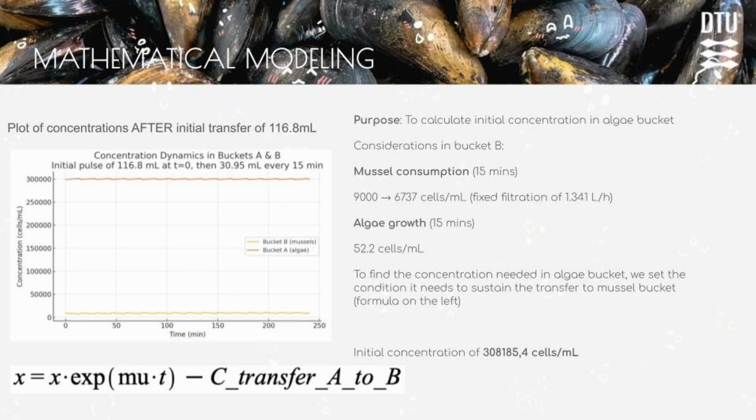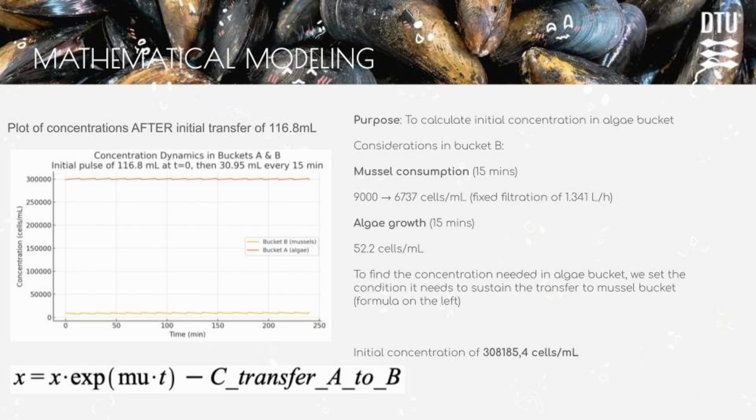The purpose of the mathematical modeling is to calculate the initial concentration in the algae bucket needed to sustain the mussel feeding. On the right we can see that bucket B drops from 9,000 to 6,700 cells per milliliter over 15 minutes because of a constant 1.341 liters per hour per mussel filtration, and it gains about 52 cells per milliliter from algal growth.